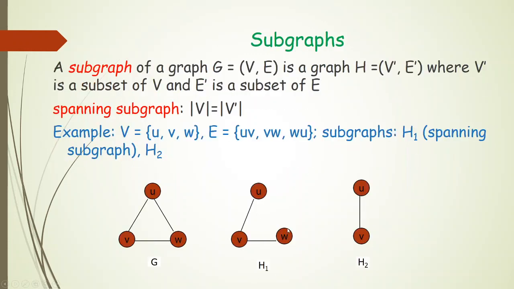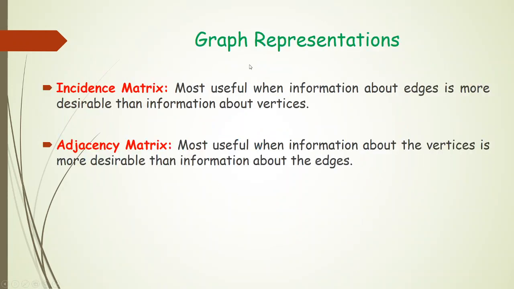So your H sub 1 is a spanning subgraph. Your H sub 2 is not a spanning subgraph because it does not contain all the vertices in G.